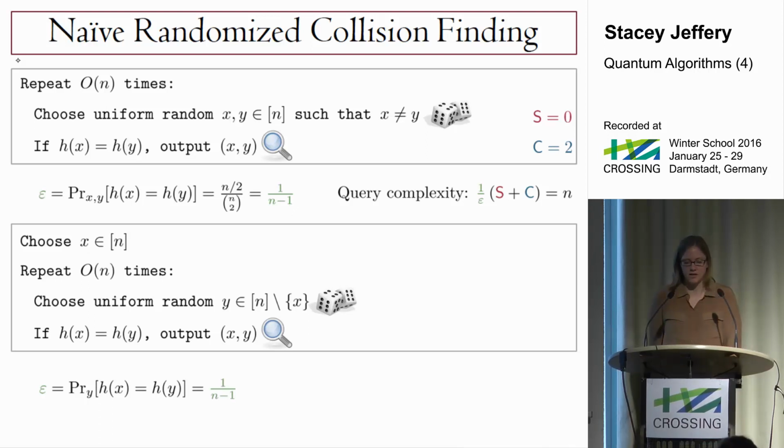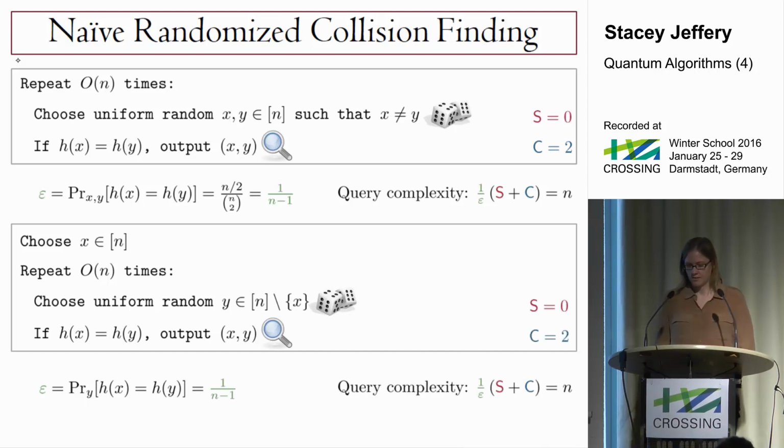This is a slightly different algorithm. We're using the fact that because h is a 2-to-1 function, x is part of a collision: there's some y such that h of y equals h of x. So we just fix some x and then look for the y that collides with x. It has exactly the same query complexity.